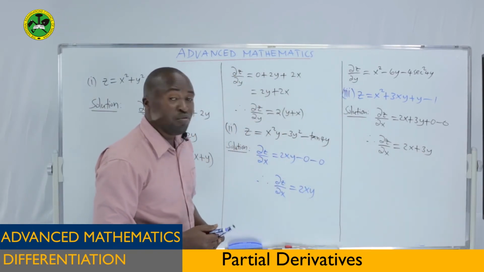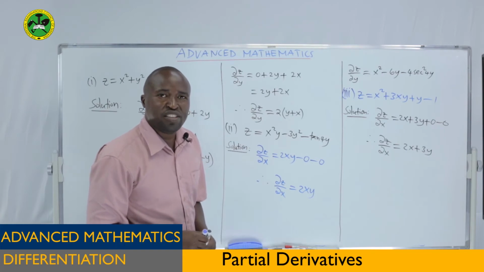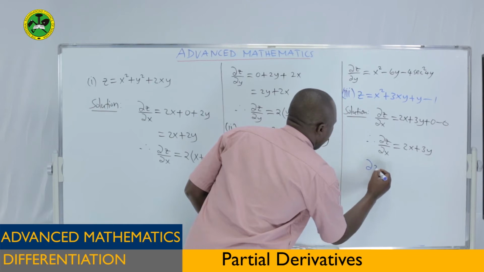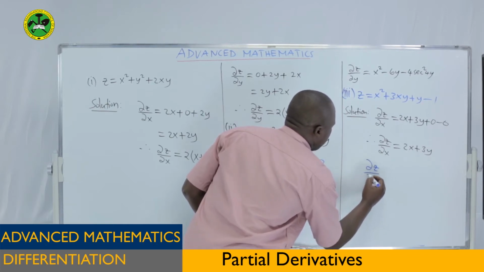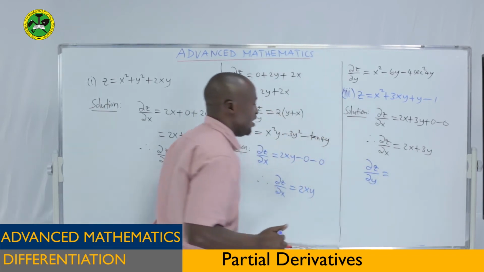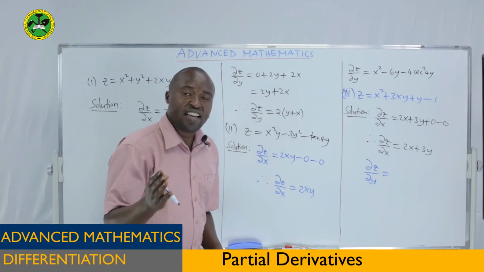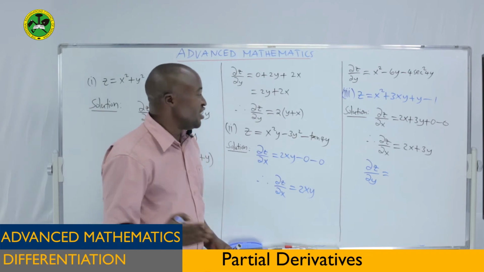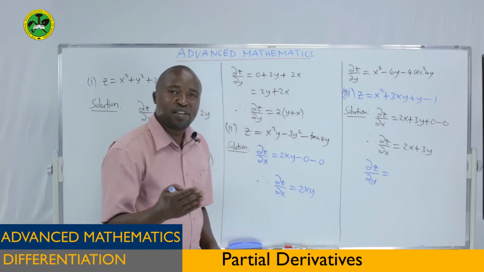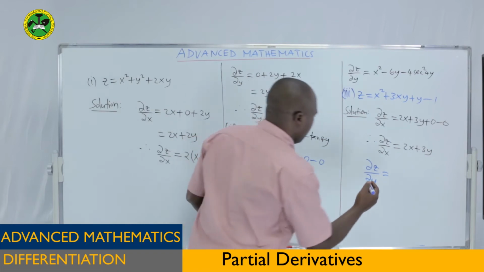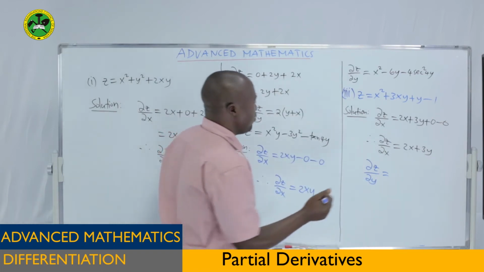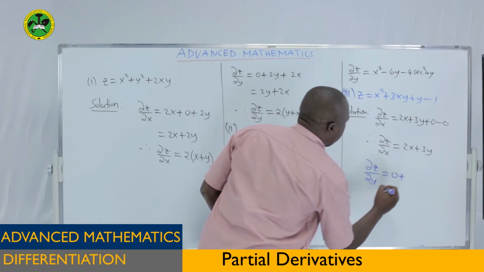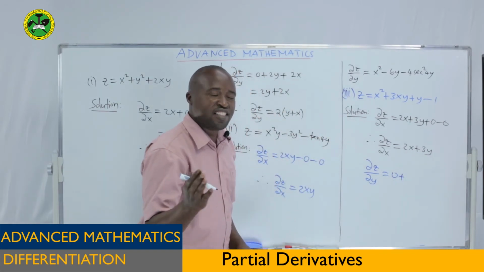So we proceed with the last first order partial derivative. Now this time we have the partial derivative of z with respect to y. Again, you remember, x is constant because we are finding the partial derivative of z with respect to y. So here we are going to have 0, then plus, we have 3xy.